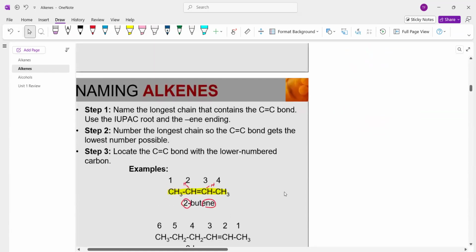Okay, so let's talk about naming here. Like we did last time, first thing you're going to do is find the carbon backbone. Now, in fact, let me erase the notes from last time.